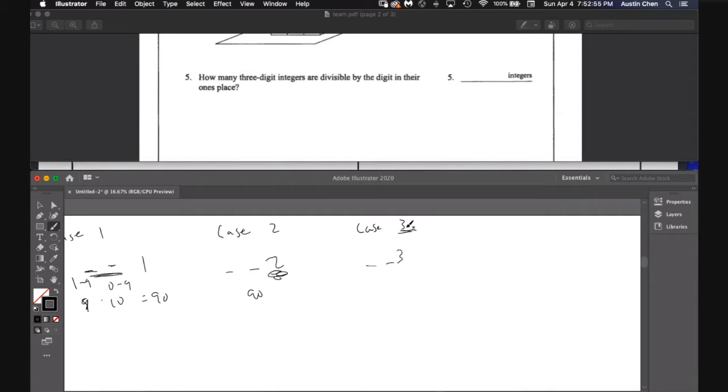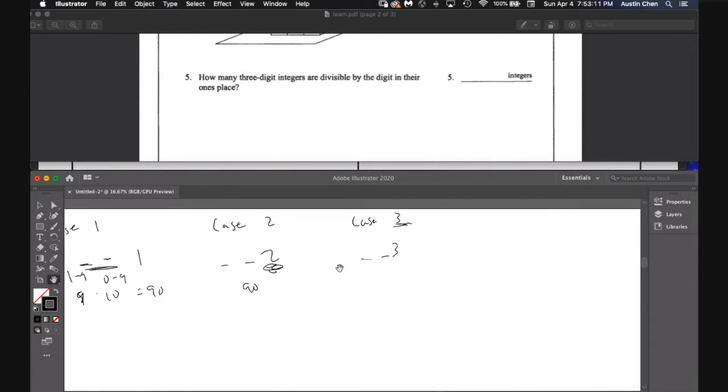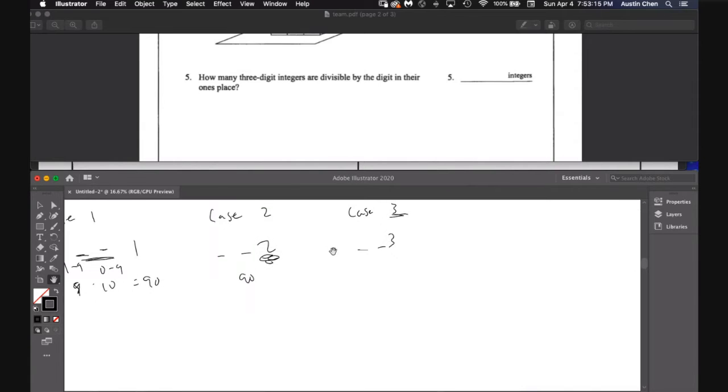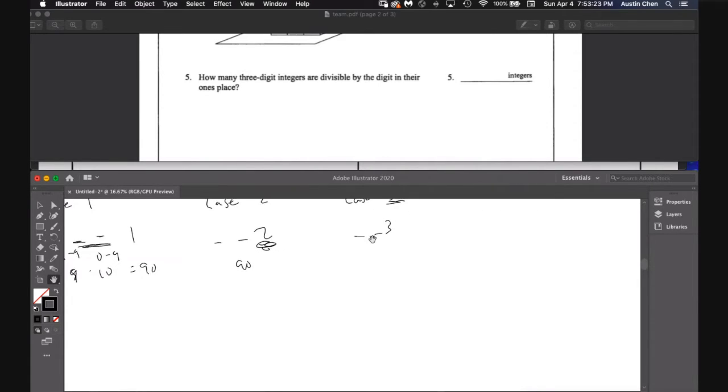There isn't a great formula representation of the number of two-digit numbers that are divisible by some digit D. But doing the casework is still fine. It's not gonna take very long, or it shouldn't. And we do have calculators anyway on team if we need them. Okay. But so then for case 3, we just need to look for how many two-digit numbers are divisible by 3, right?